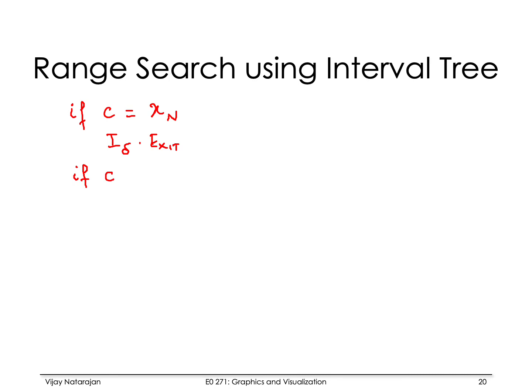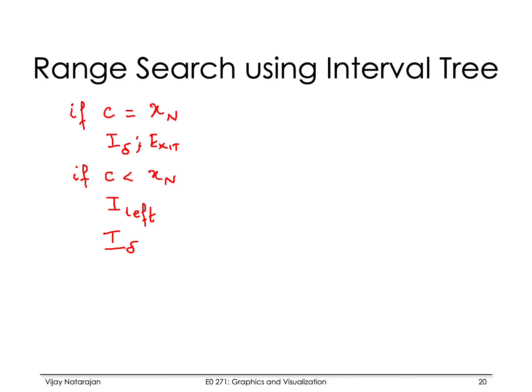Just to illustrate, let's look at one of the cases if C is less than x sub n. So naturally there is the recursion I sub left. The question is, how do I process I sub delta?